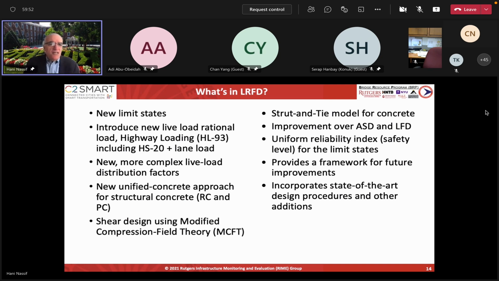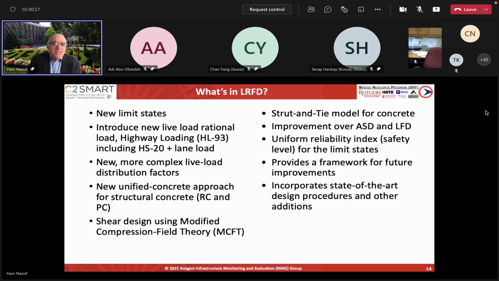They took hundreds of bridges of different types, different widths, different lengths, different numbers of girders, and they modeled them with finite element at that time. This was in the '80s, when finite element was becoming very popular. They put the trucks in different positions, got the distribution, and did a regression analysis on the results.